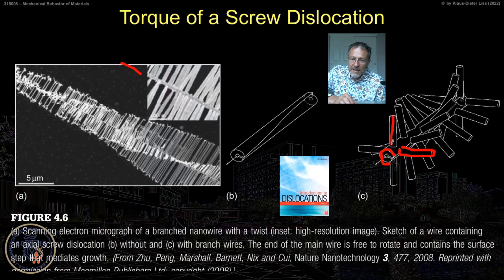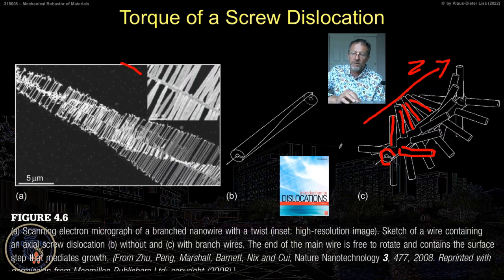And you see that the orientation of these twins rotates. They're always in the same crystallographic orientation of the whisker, but it rotates as you go along the z direction. And this is because of the torque of that dislocation line, the torque of the screw dislocation.